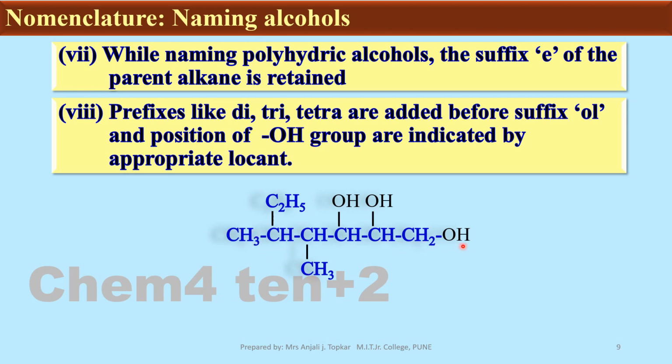We have to start numbering from this side, as from this side the OH group is closest. So this will be carbon atom number 1, 2, 3, 4, 5, 6 and 7.